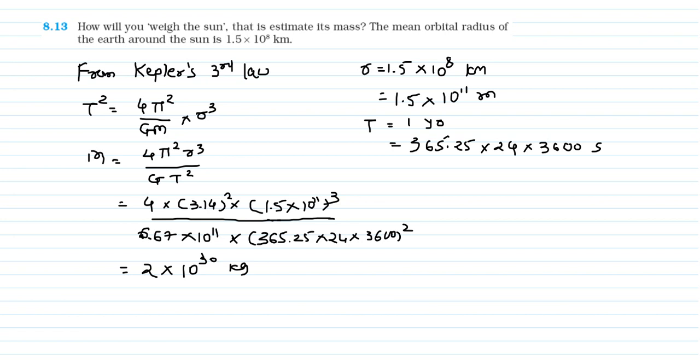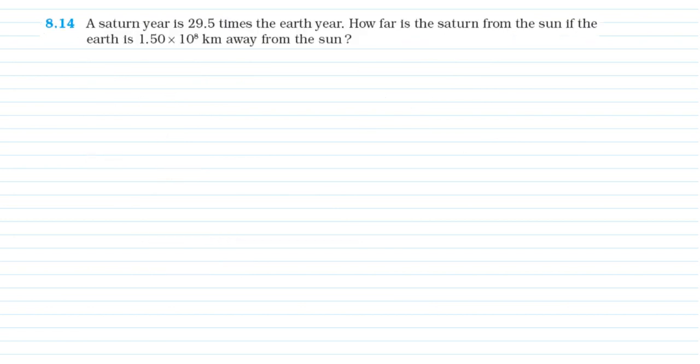Okay, next sum, 8.14. A Saturn year is 29.5 times the Earth year. How far is Saturn from the Sun if the Earth is 1.5 into 10⁸ kilometer away from the Sun? That means Saturn year is equal to 29.5 times Earth year.